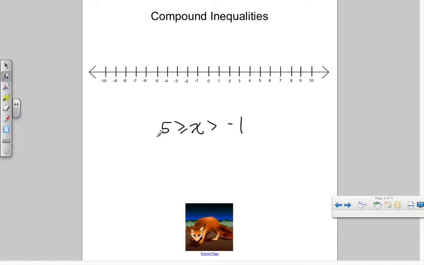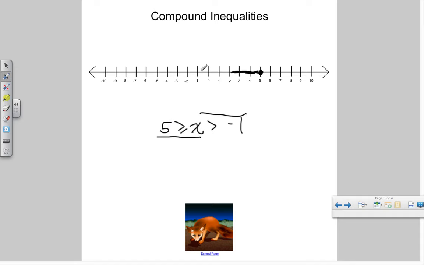So what you do is you just look at these separately. Look at this one first and look at this one second. So if x is smaller than, notice the small side is closer to x. X is smaller than or equal to 5, or 5 is greater than or equal to x. I'm going to find 5 and I'm going to put a closed circle on it because it can be 5. But x has to be smaller than that, so it's going to be moving this direction.